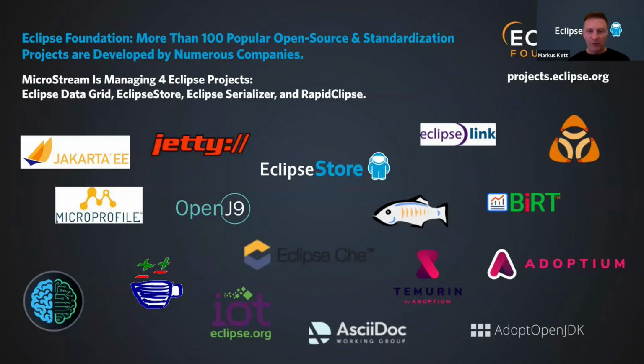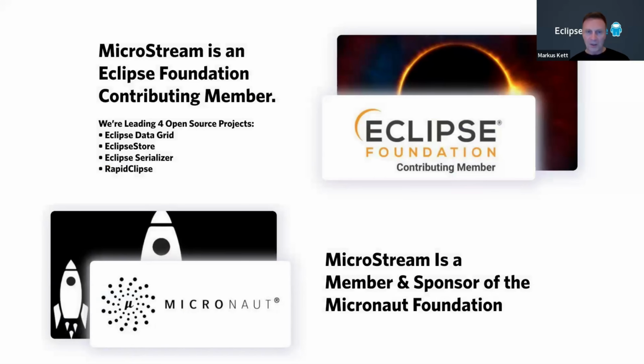And there are also very interesting projects like the OpenJ9 JVM that fits great with EclipseStore, by the way, because it's very memory efficient, and so it's a very powerful JVM you can check out. We're also contributing EclipseStore to Micronaut. So EclipseStore is part of Micronaut, and we contribute to the Micronaut project, and we are also a member of the Micronaut Foundation.